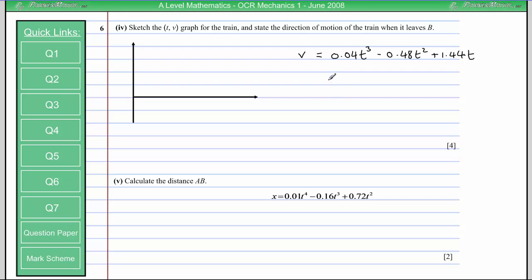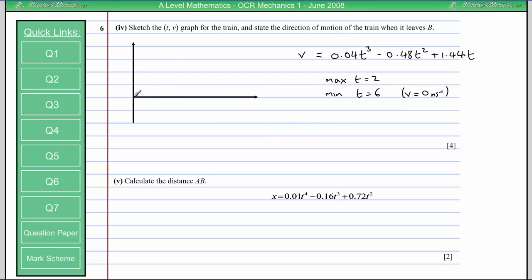We also know from earlier in the question that a maxima occurs when t equals 2, and we know a minimum point occurs when t equals 6, and we also know that at that point v is 0. We worked that out in part 3. So this is enough information to sketch our curve.